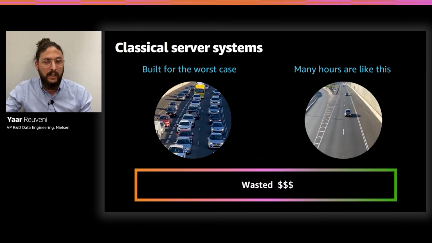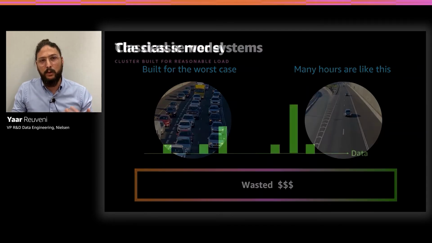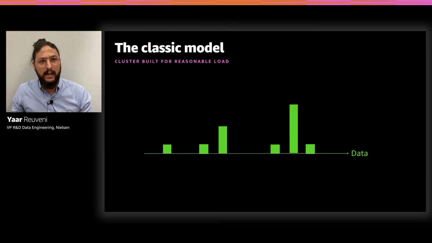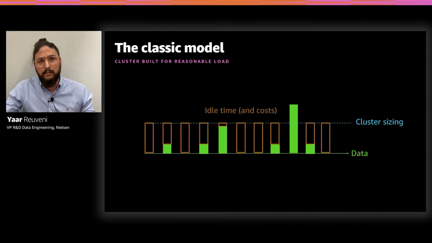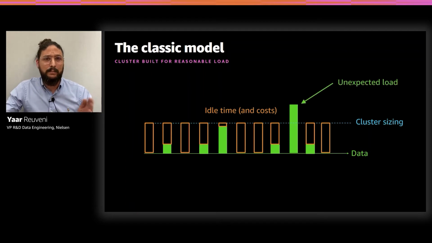Now, in a data processing pipeline, in the classical model, the way it goes is data comes in over time, and you usually set up some preset cluster size with enough resources to be able to handle the traffic that's coming in. And then most of the time is just idle time, servers sitting idle and doing nothing. And then sometimes you get one of those unexpected loads.